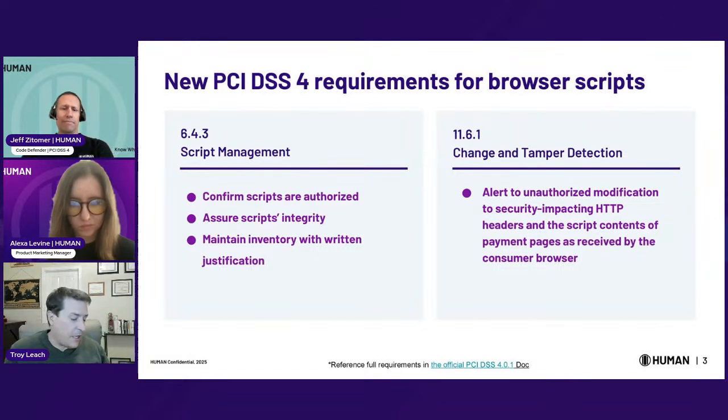So with that in mind, 2 new requirements were introduced, and they will go into effect later in this quarter. That is 6.4.3 around the management of scripts and making sure that anything within the payment environment, the payment page, and could influence the payment page, is going to have authorization to be within that environment, so that there is integrity of the overall payment transaction, that there is no middleware, any type of e-skimming or types of attacks that might happen as a result of that.